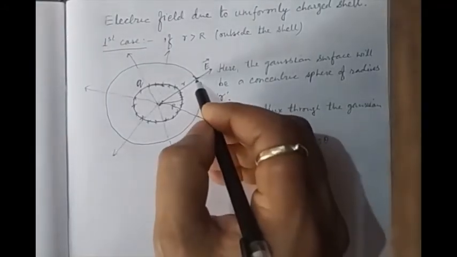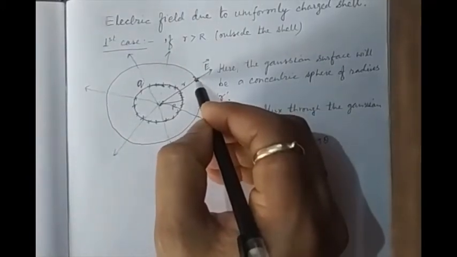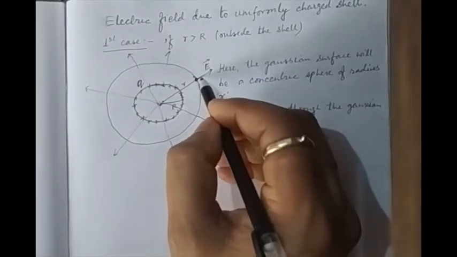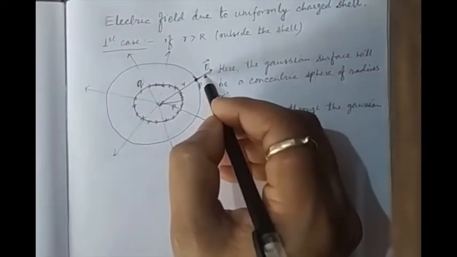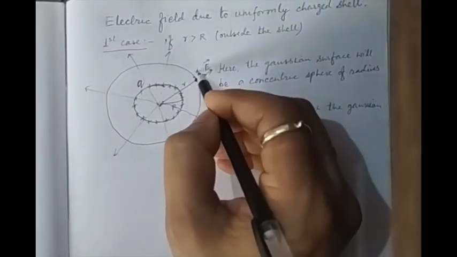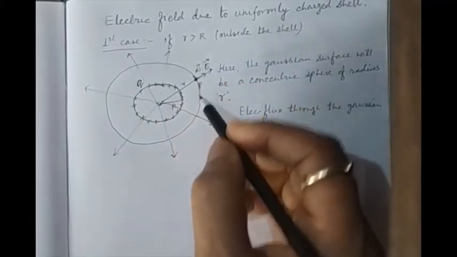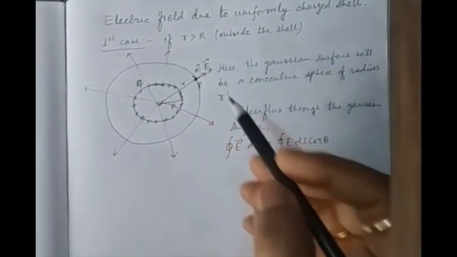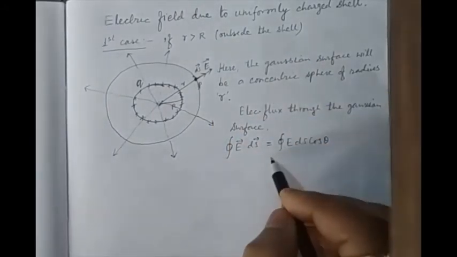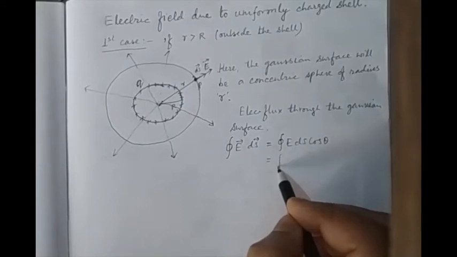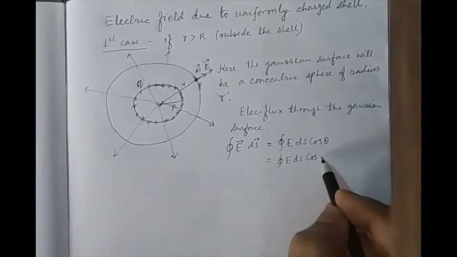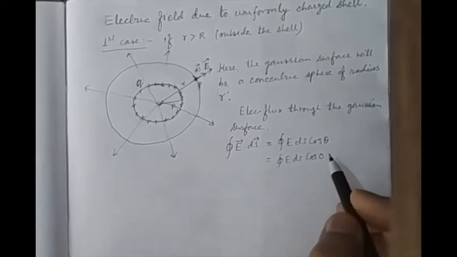Suppose a very small area ds at point P. The direction of the area vector is outward normal direction, that is along the direction of electric field intensity, and this is ds vector. The angle between electric field and ds vector is 0 degree. Therefore, we can write integral E ds cos 0, and value of cos 0 is 1.